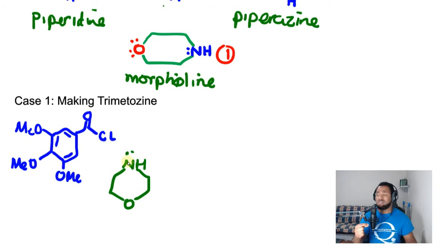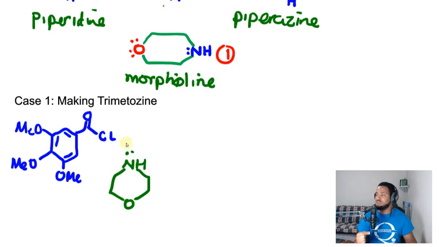And what we notice is that the nitrogen indeed has looser lone pairs to be able to act better as a nucleophile compared to that of the oxygen.